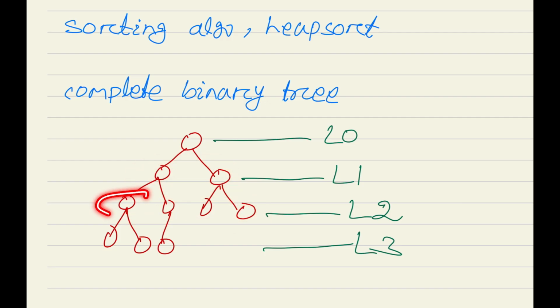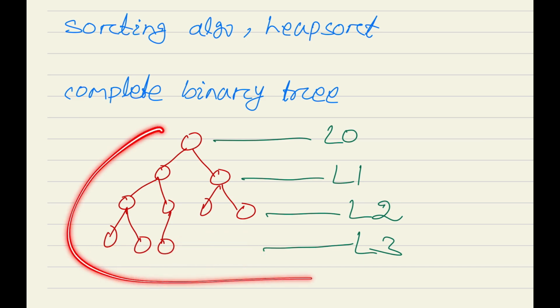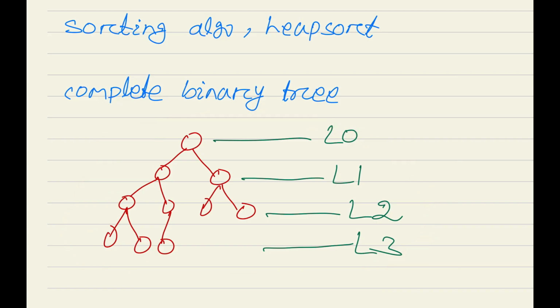Completely filled means they contain the maximum number of nodes, and the last level can be filled, or if it is not filled, then it should be filled from left to right. Here the last level is filled from left to right, and the rightmost nodes are empty. So, we can say this is a complete binary tree.